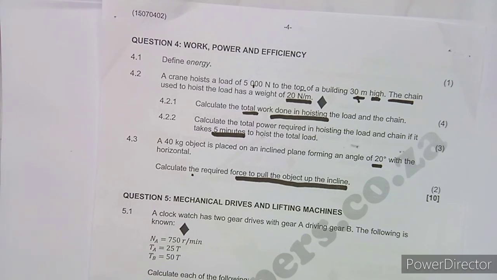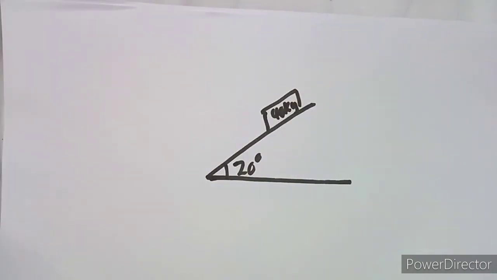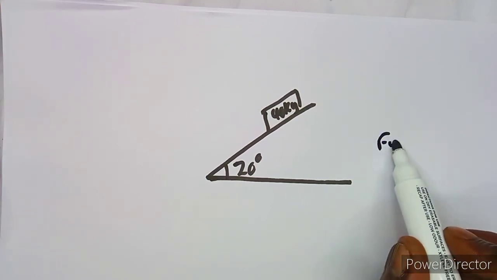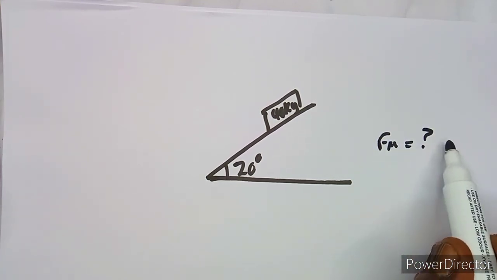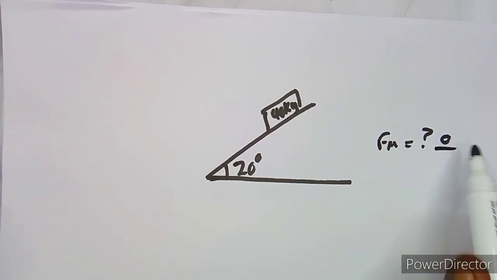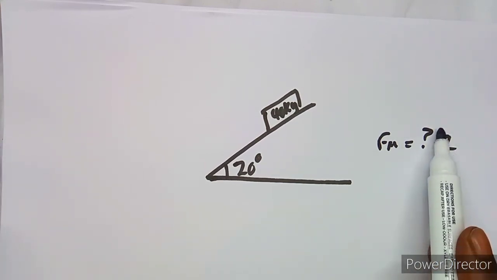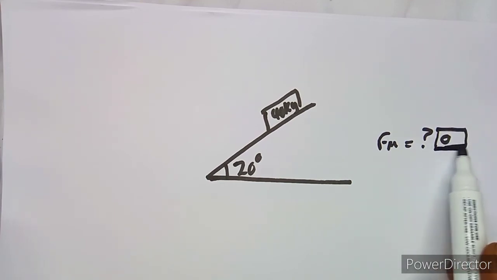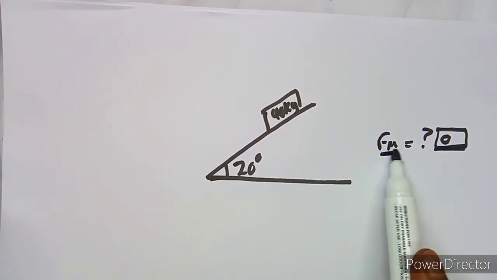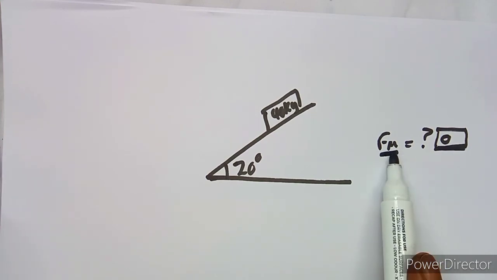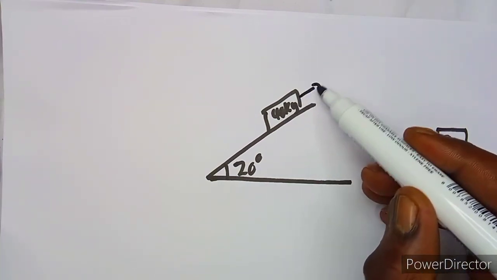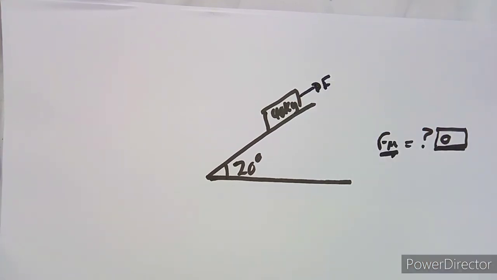As you can see in this case, we are supposed to have a condition where we will be given the force that is opposing, which is the frictional component, which we do not have in this case. So that means we're just having something which is equal to 0. But we can't say this is equal to 0, because every time that we are talking about the frictional component, it's always a friction which is opposing the applied force, which is the force that is giving this object to go up.